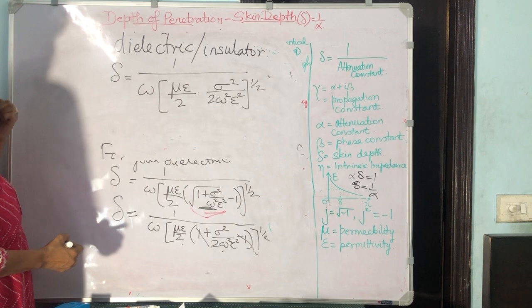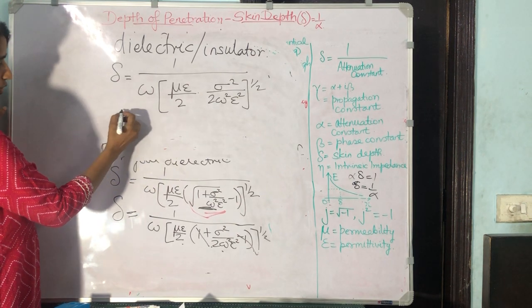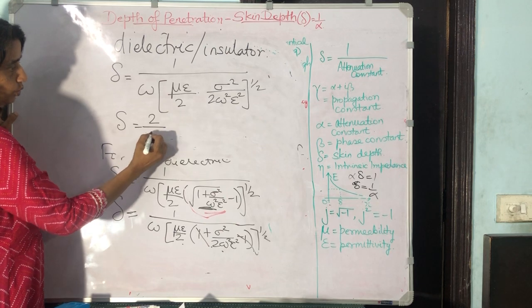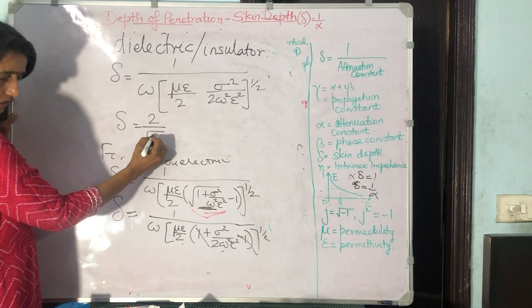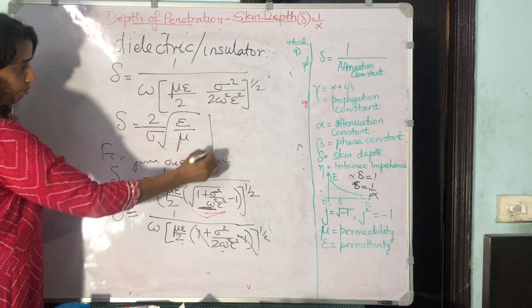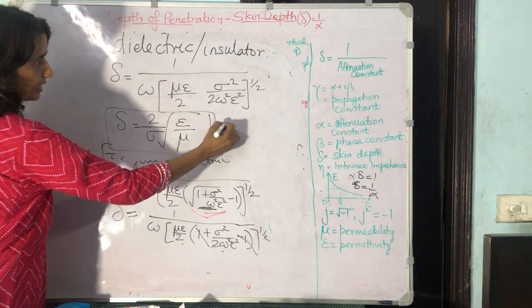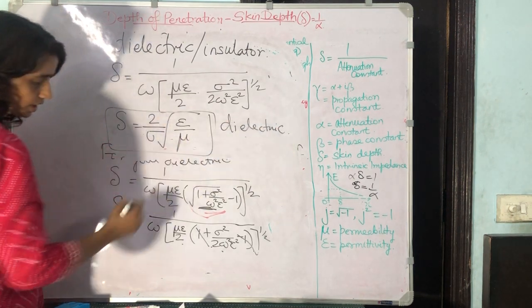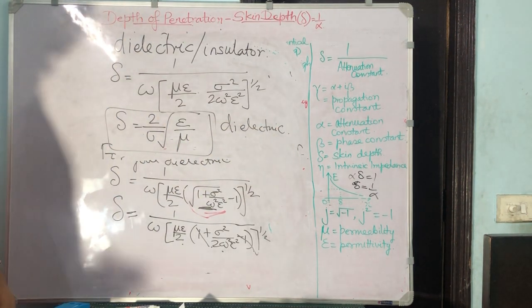Right, we solve this further. What do we get? We get the skin depth expression as 2 upon sigma, that is conductivity, into under root epsilon upon mu. This is the skin depth expression for dielectric, insulator or poor conductor.